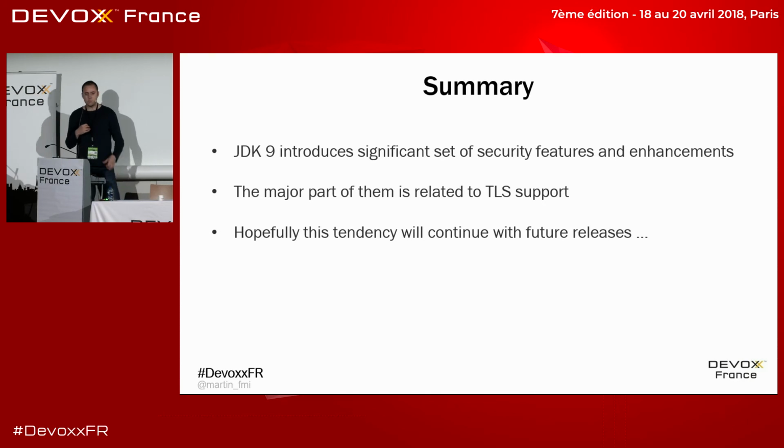Also, we would hopefully see further that the platform provides much more solutions for security vulnerabilities that are open at the moment. And one new thing that we might see now in JDK 10, for example, is that Oracle has exported its set of trusted certificate authorities to the cacerts file. This is something that wasn't present before in OpenJDK 9, but as of Java 10 it would be available.